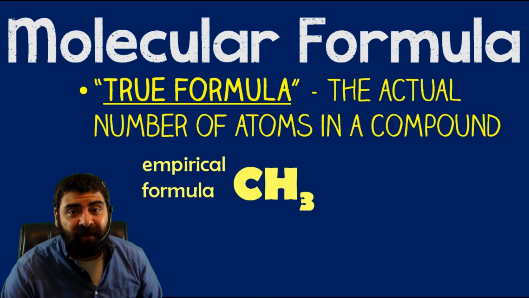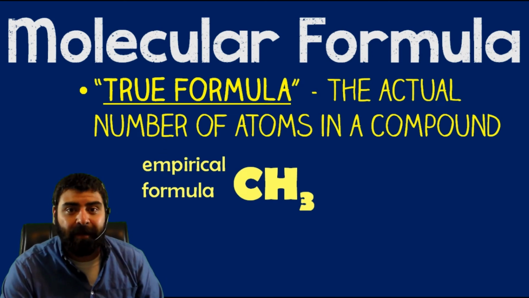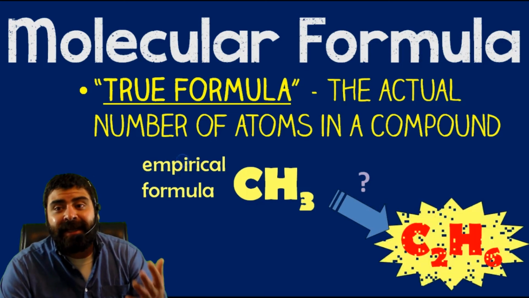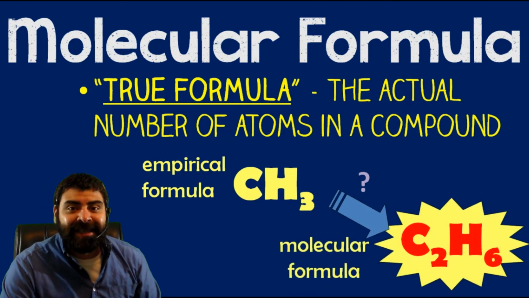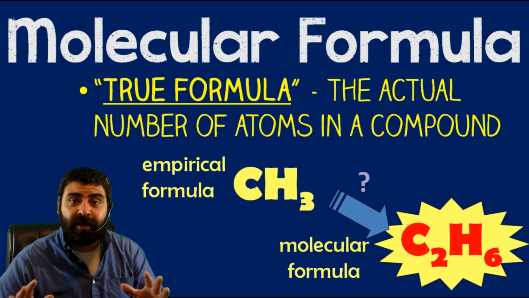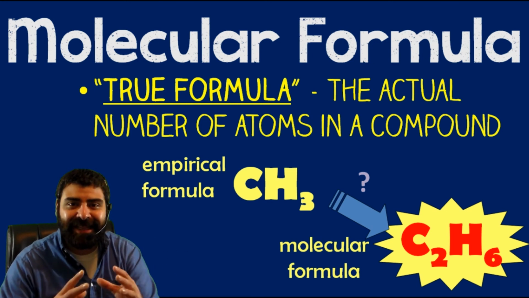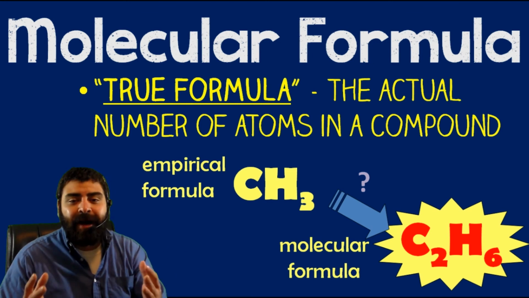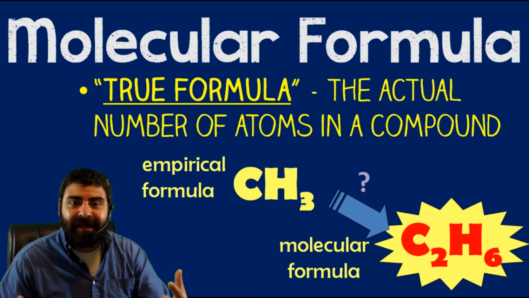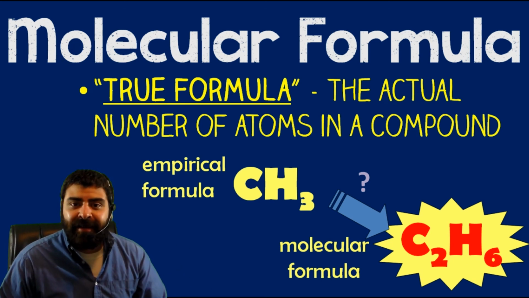Well, the true actual formula might be larger. In this case, it could be C2H6. It can actually be made up of 2 carbons and 6 hydrogens in that molecule. But reduced, the empirical formula would look a little different. So don't confuse these terms.